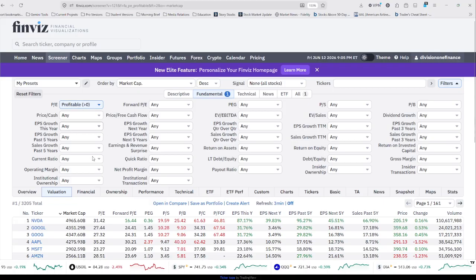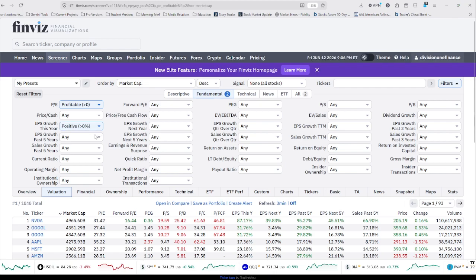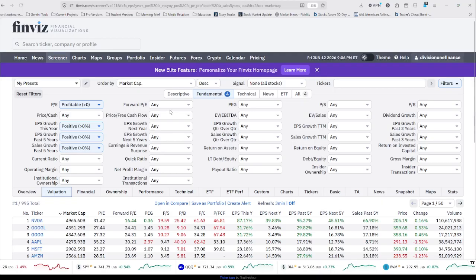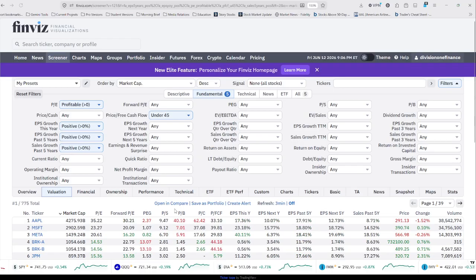We want to know that their business is growing, and that their earnings are growing as well. And last but not least, I like to go with the price to free cash flow. Tonight I'm going to be a little more lenient. I'm going to go with price to cash flow below 45.